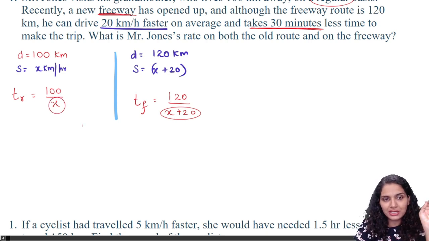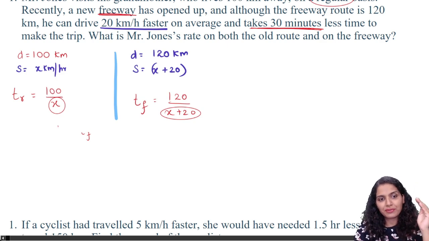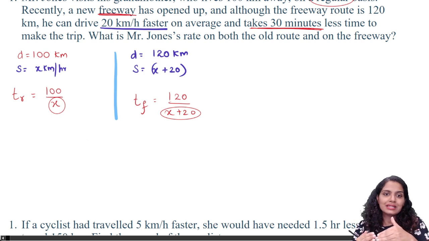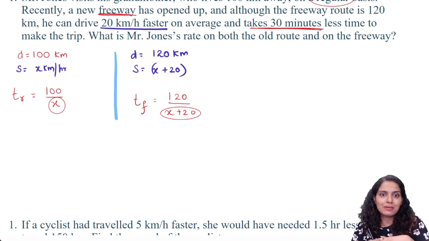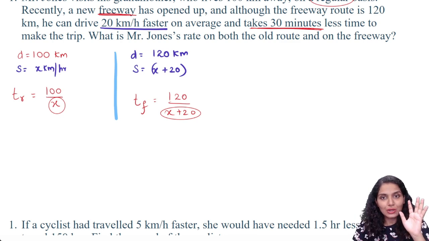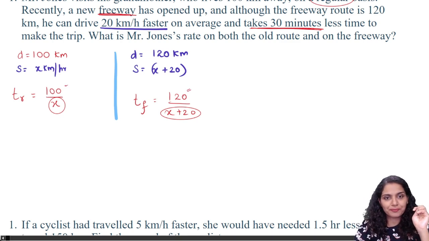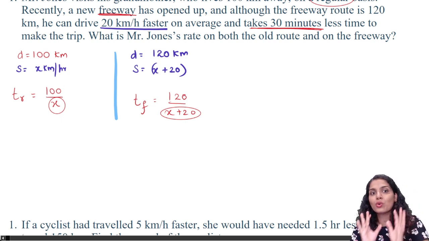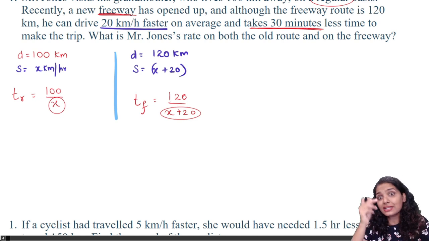So according to this, TF should be less than TR. If the speed is more, then the time taken will be less, right? Okay, look here, the distance is also changing. So time is now not the only factor. But read the question well.